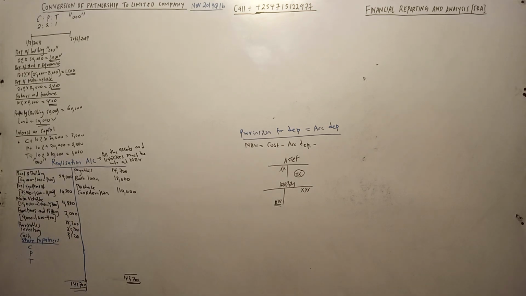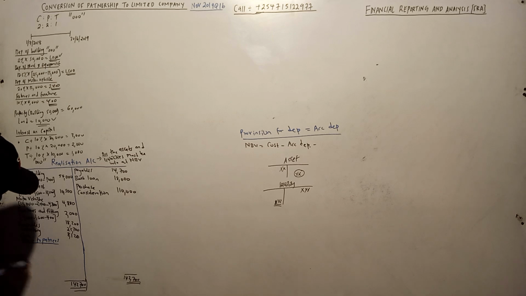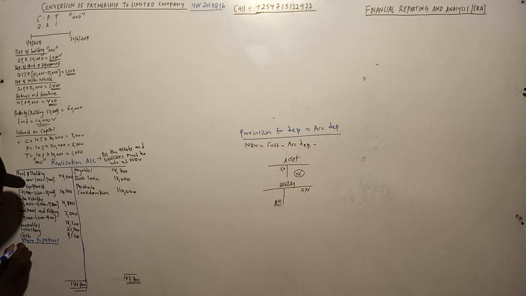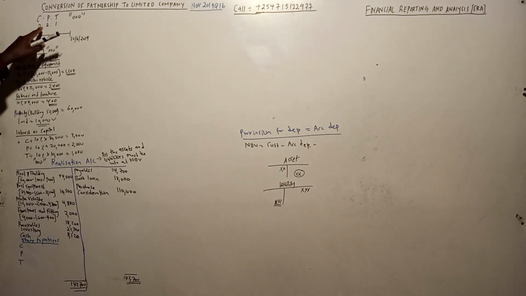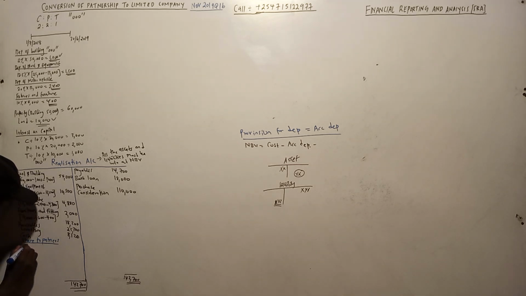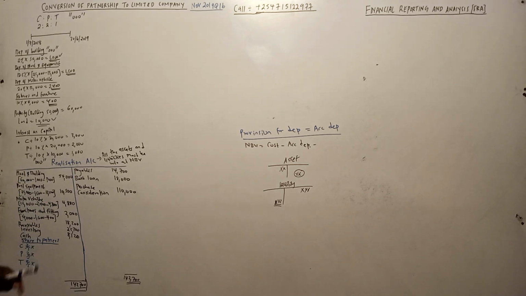So let us allocate the balancing figure. We had C, P, and T. We share according to the ratio. C 2 is 1, that is 2 over 5. So how much is that?